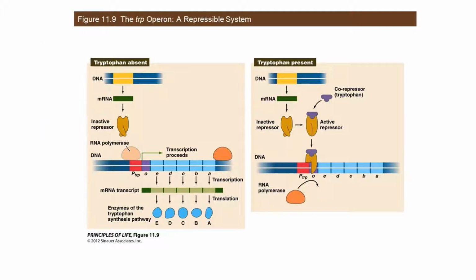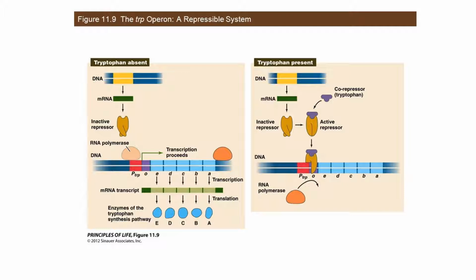So when we look at this picture of what's going on in the trp operon, on top you see the DNA with the blue and the yellow bars. That creates mRNA. That mRNA creates an inactive repressor. The repressor isn't doing anything, since it isn't attached to the DNA on the bottom with the long darker blue.